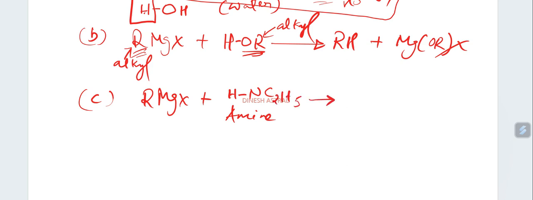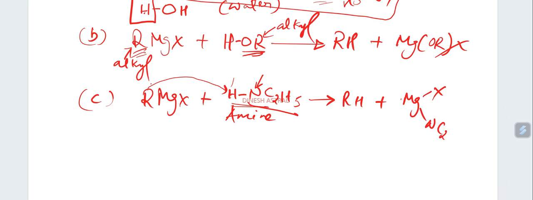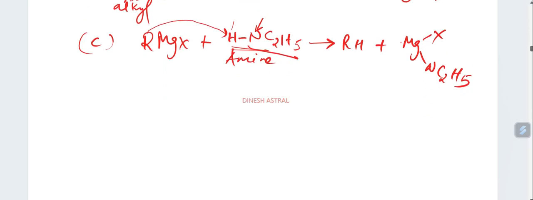Even in this amine, you have got one hydrogen that is bonded to an electronegative element, nitrogen. So same concept here also: bind this R group with this hydrogen, you get RH. And the remaining one with magnesium, so it will be Mg, one side X, another side NC2H5. So please remember all this point, whatever is discussed here.